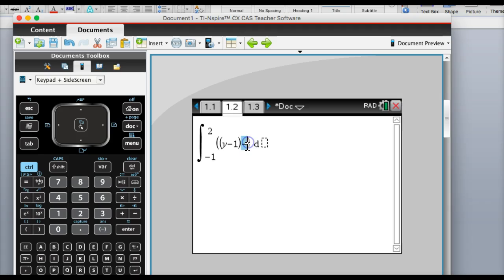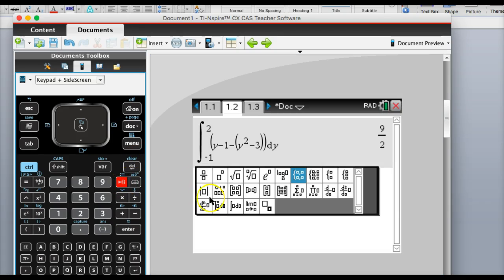And so when I do minus my left, this is going to give me y squared minus 3. There you go. Then I just plug this in as such, and I should get 4.5 when I do that. That's what I get. All right, that's kind of fun. You can also do it from this menu here, and then the definite integral is one of these, this one right here. Okay, so that's how you use your calculator and can see that.